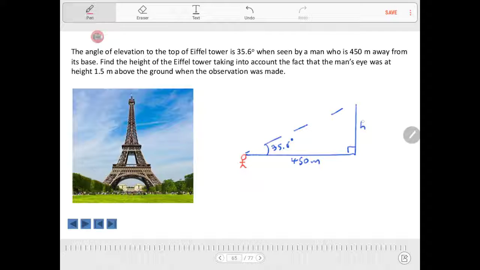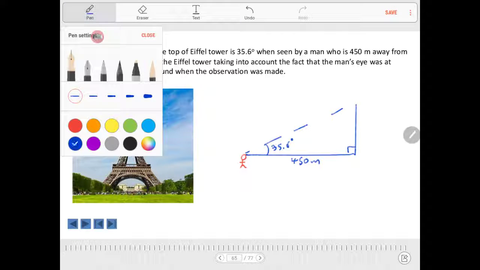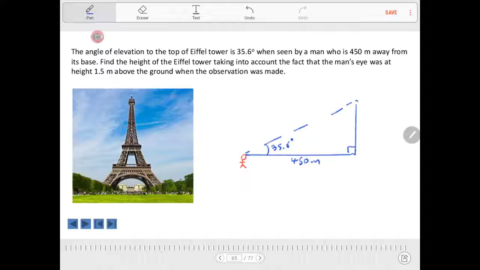So in fact, we're not finding height at all here. The total height of the tower is all of this plus this little extra bit for the man's height. We need to take that into account. But first, what we'll be finding is just the side length of this triangle. So we'll call that x for now.